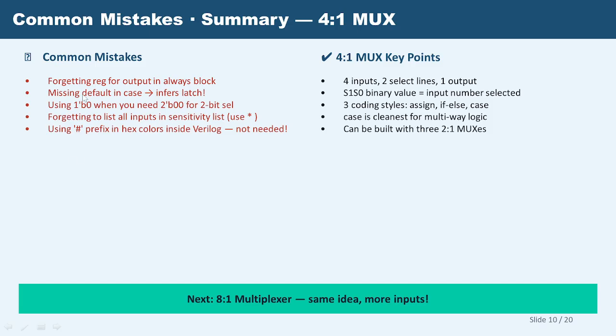Also, using 1 bit when you need 2 bits creates errors like this. These are the common mistakes, so just avoid them. To help you know what mistakes beginners make in Verilog, I made a separate slide for these mistakes.